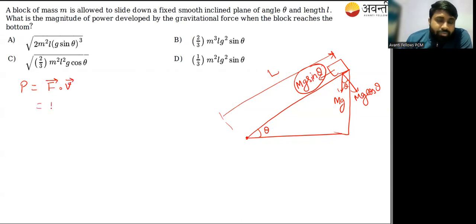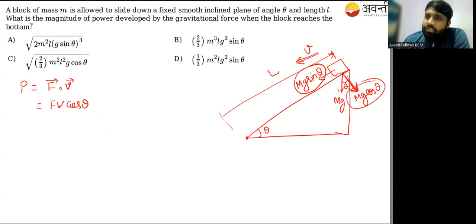So Fv cos theta. The mg cos theta and the direction of velocity have an angle of 90 degrees, so cos 90 becomes 0. So the power developed by this force is 0.